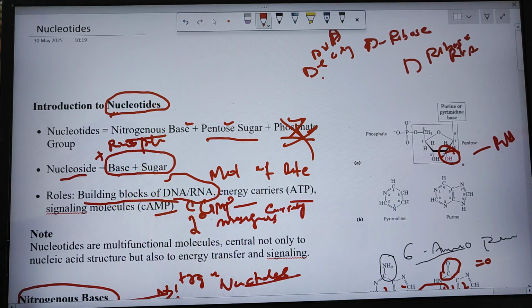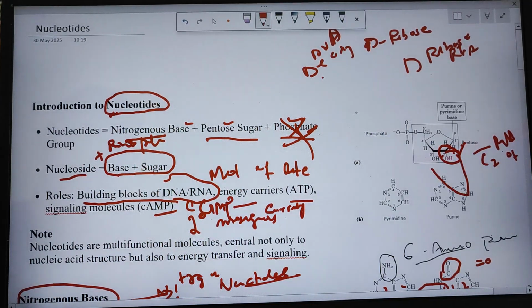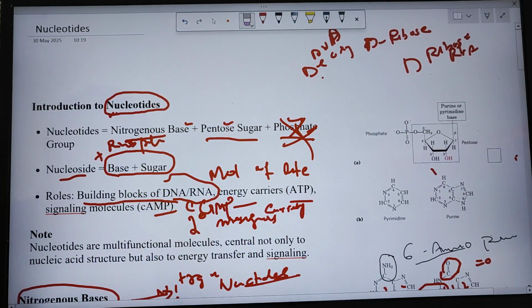So RNA contains the OH group at the carbon number 2 of the pentose ring, whereas in the DNA, instead of the hydroxyl group, it is a deoxyribose, a deoxyribonucleotide, which contains the deoxyribose sugar.